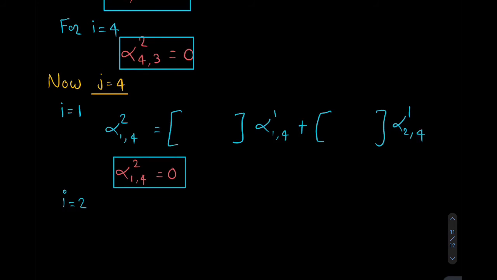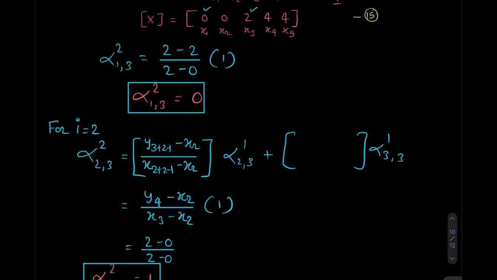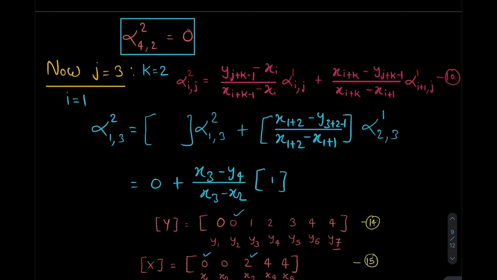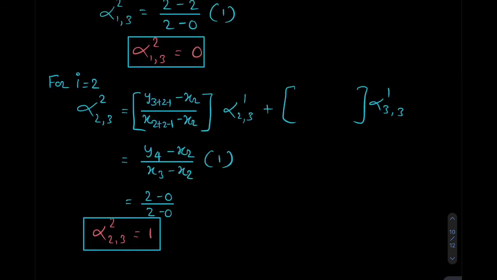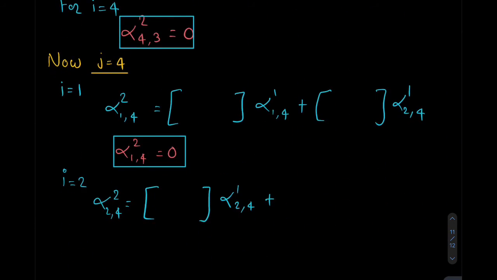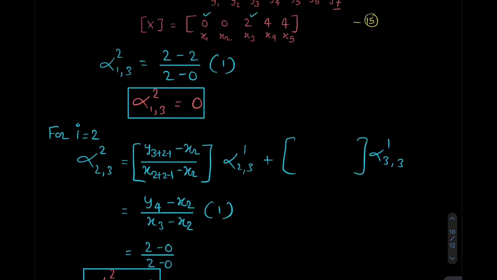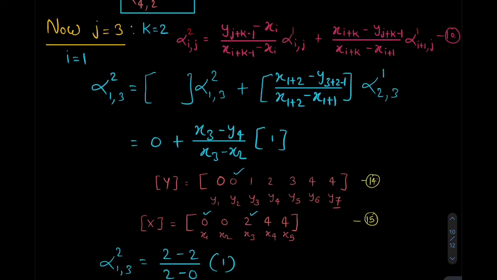I is equal to 2 now. Alpha 2 comma 4. So this is some bracket alpha 2 4 1 plus a bracket. This term will be there as x2 plus 2 minus y4 plus 2 minus 1 divided by xi plus k minus xi plus 1.